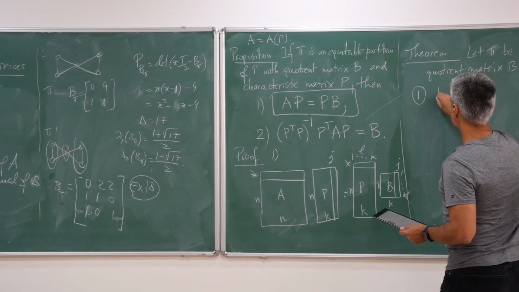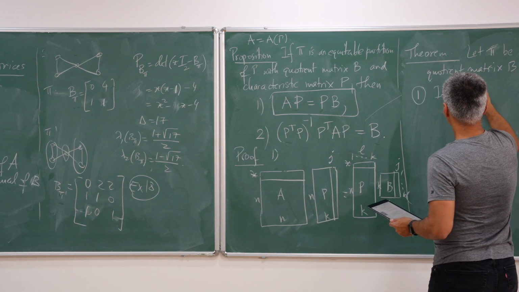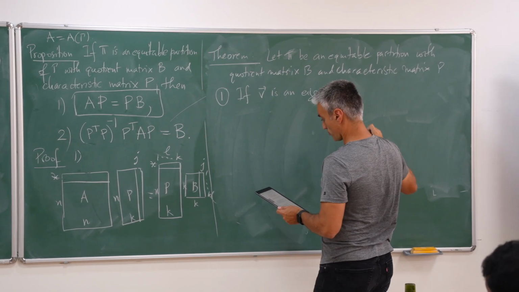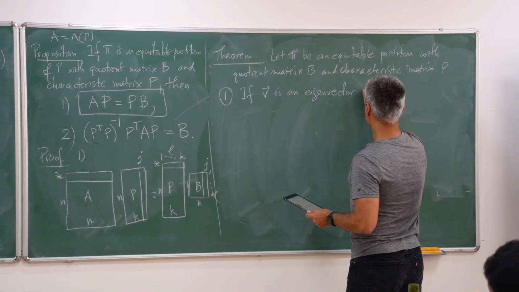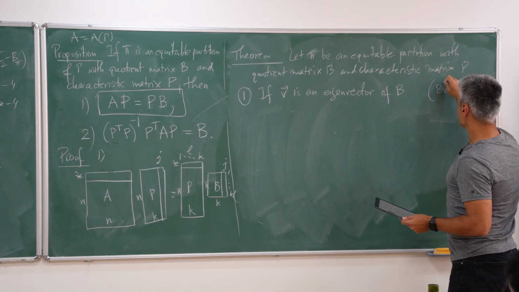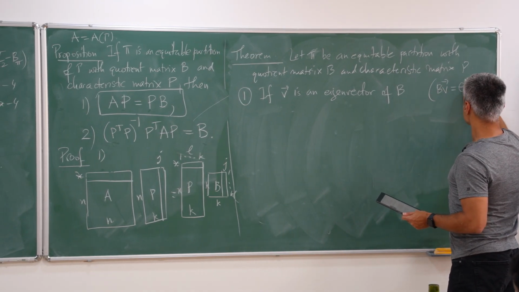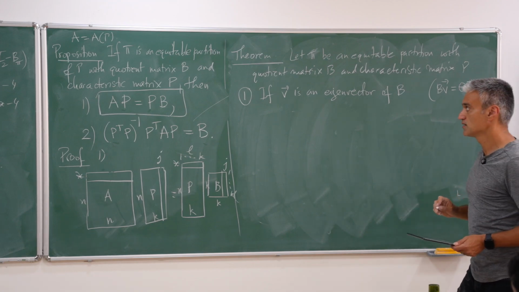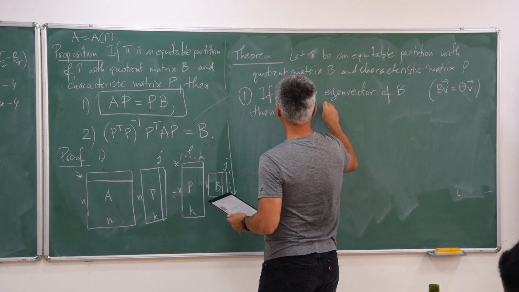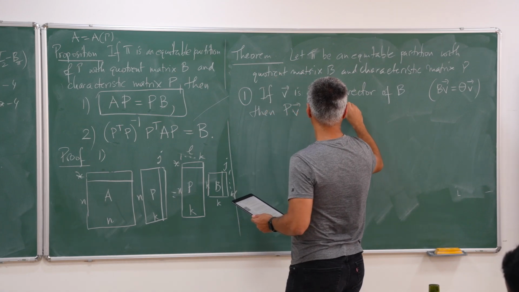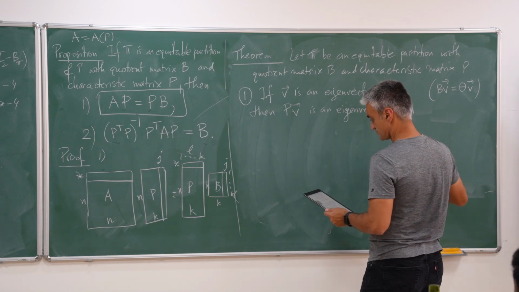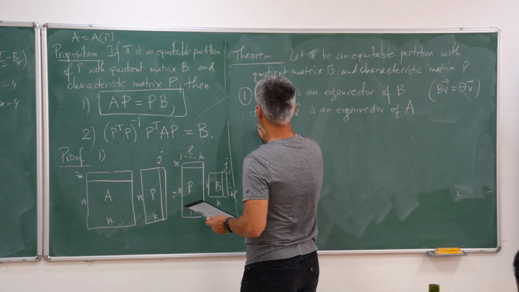If V is an eigenvector of B, so BV equals theta V, then PV is an eigenvector of A corresponding to the same eigenvalue.